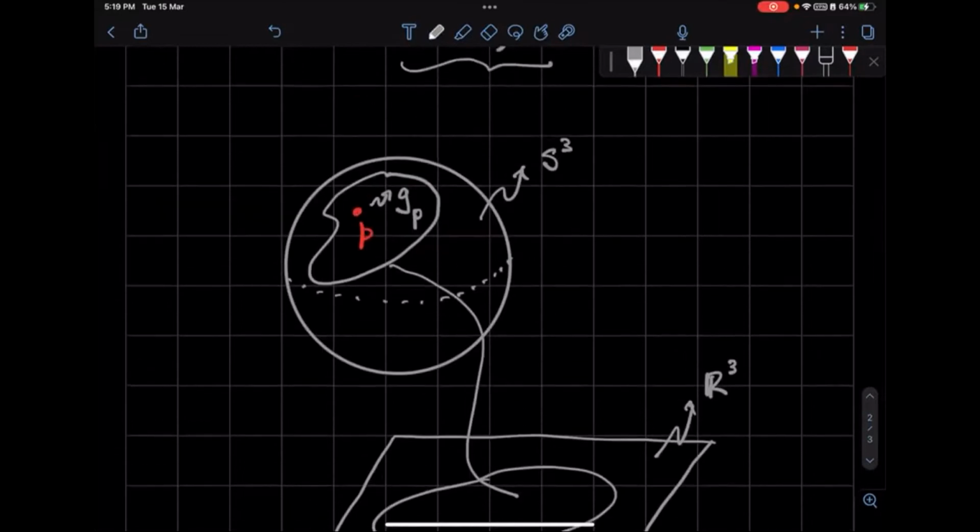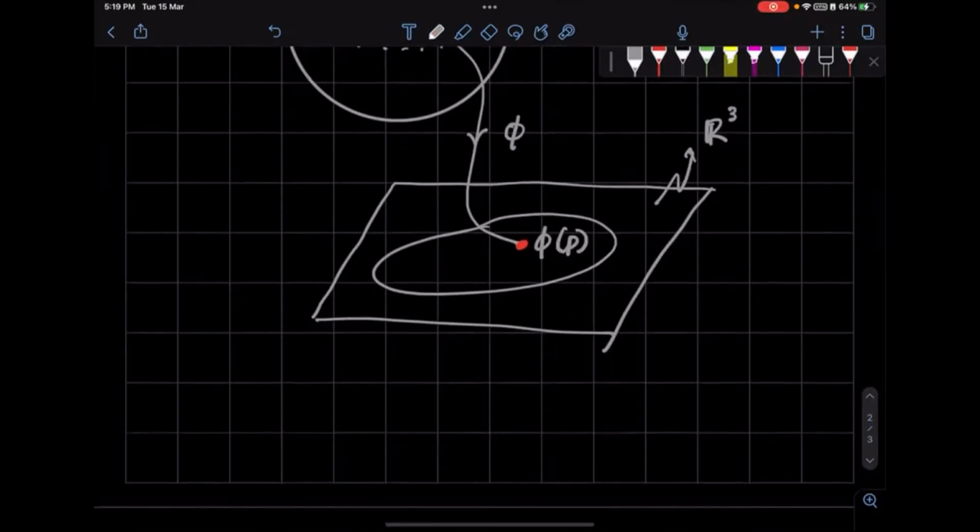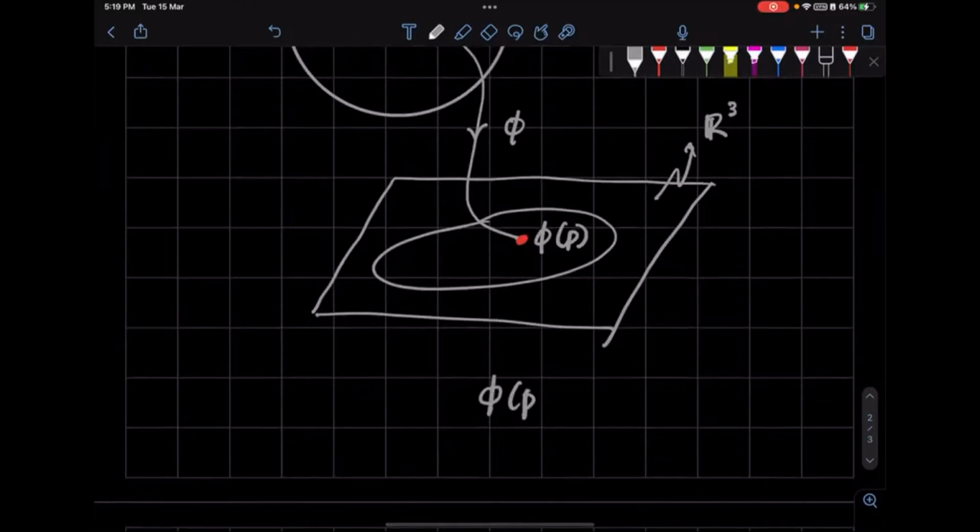And this projection, this map, if you like, let's call it phi. And then the coordinates of the point P in this map is phi of P. And this phi of P is what we are calling alpha 1, alpha 2, alpha 3.